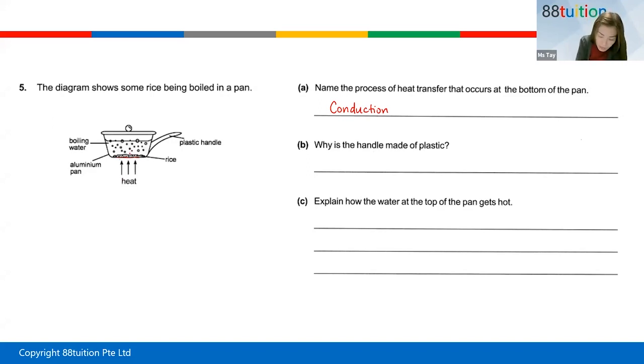So of course, the water here will also get the heat energy from the rice, because you will be able to see that there is water in contact with the rice, right? So they gain the heat also by conduction. But the moment they gain the heat, they start moving, because they are hotter already. They have more kinetic energy.